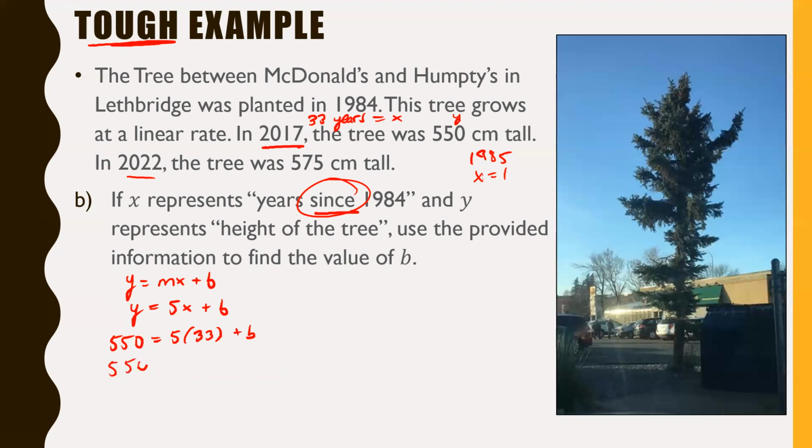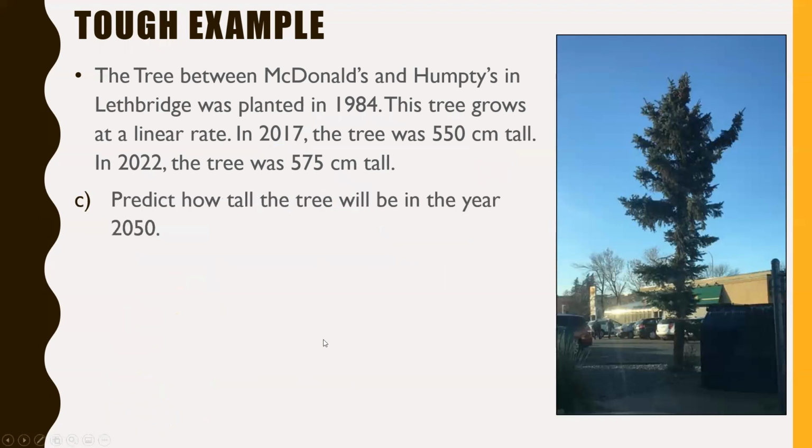So 550 equals 165 plus B. Subtract 165 from both sides: 550 minus 165 is 385, so B equals 385.